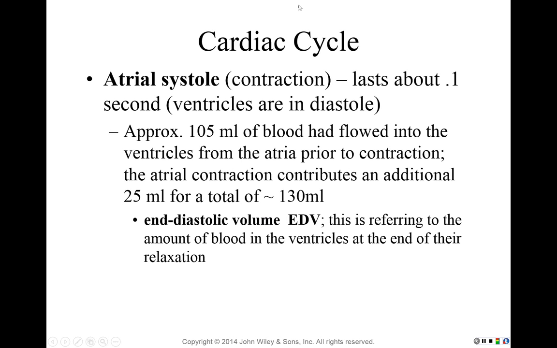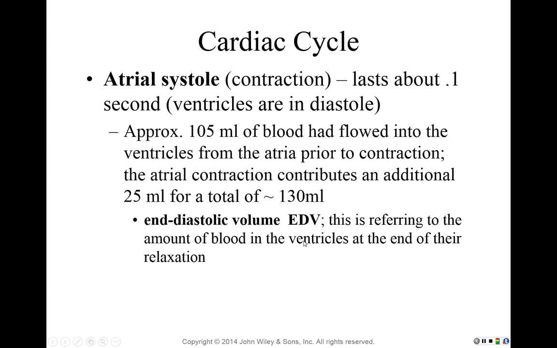Remember, while the atria are contracting, the ventricles are in diastole, or relaxation. At the point at which they are just about to begin to contract, they've received all the blood they're going to get. We refer to that as end diastolic volume, or EDV, the amount of blood that is in the ventricles at the end of their relaxation.